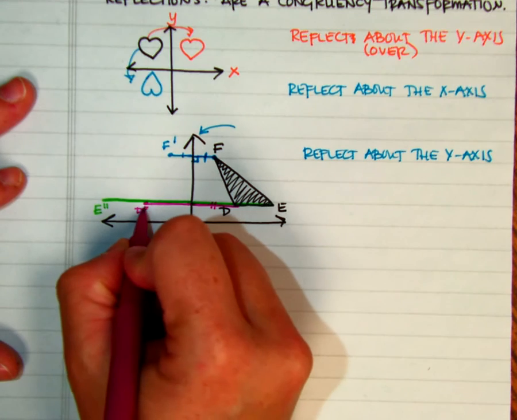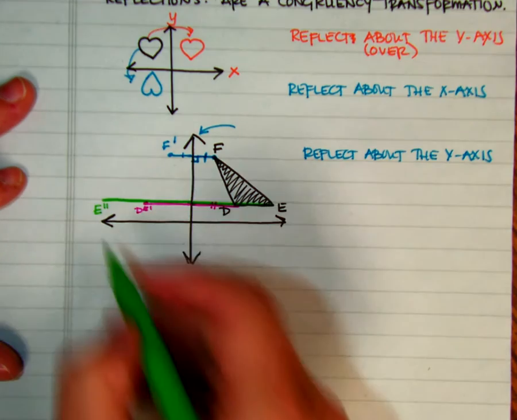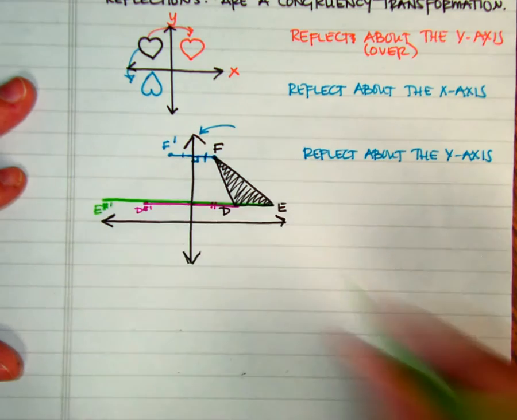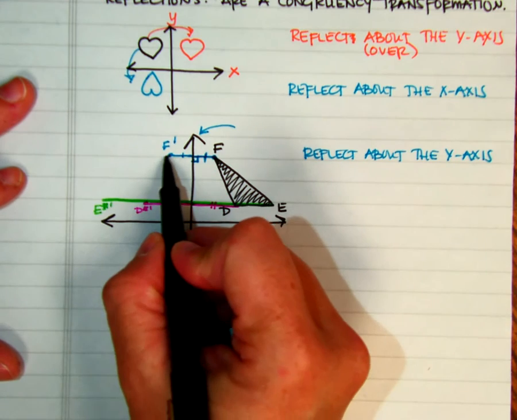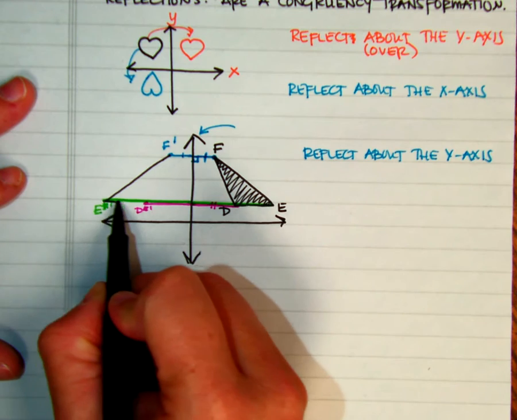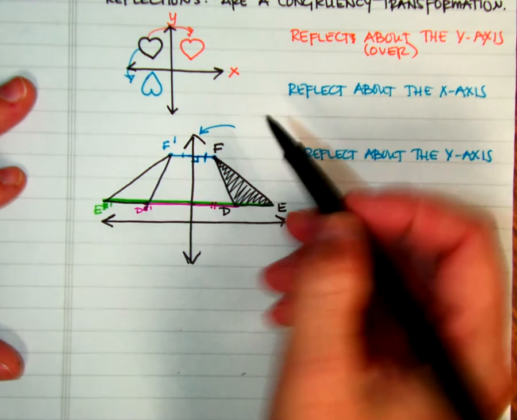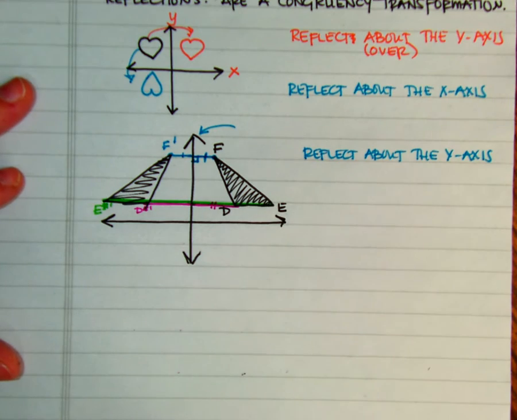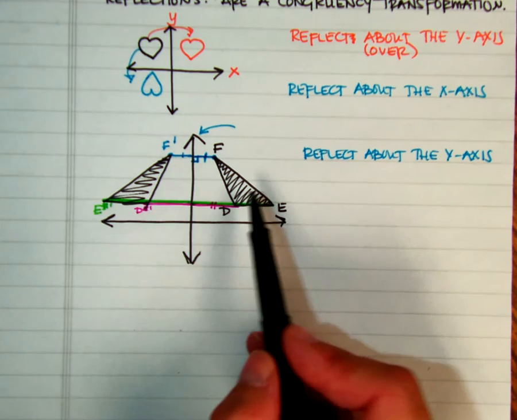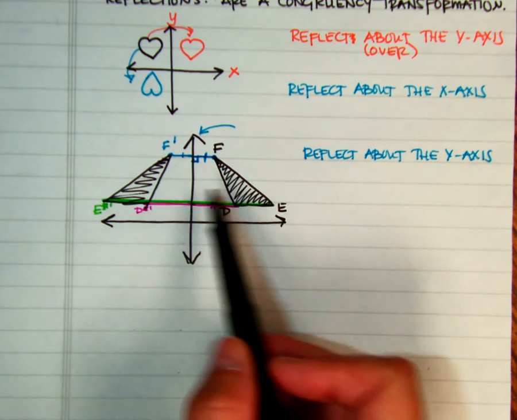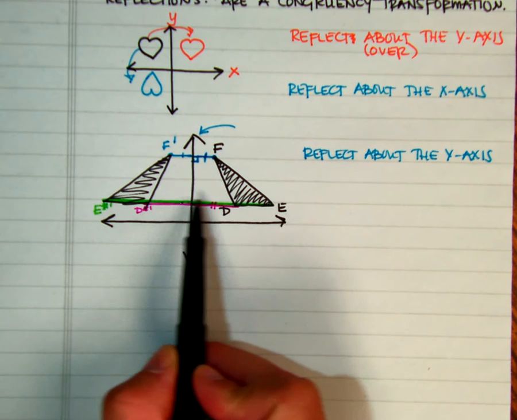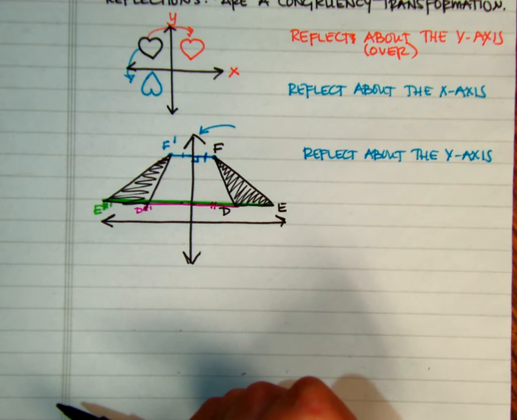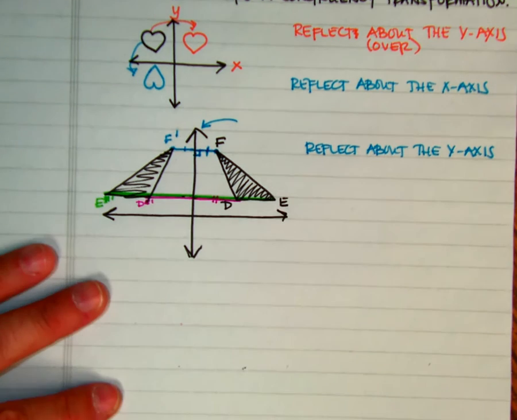This is D prime. So then if I were to draw my image, there you go. So notice that they are congruent and the distances are the same off the line of reflection.